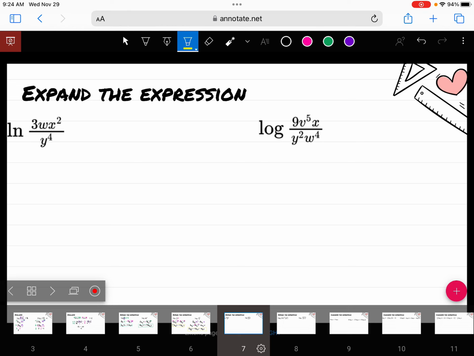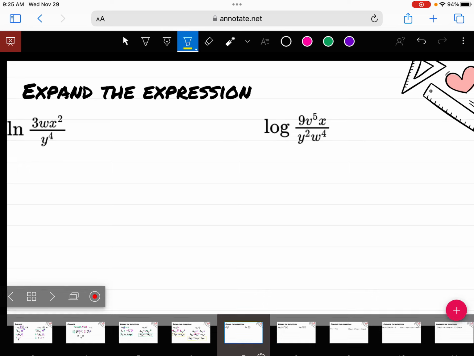All right, this time we've got a natural log of 3wx squared over y to the 4th. And again, we're going to start with our division, starting with our quotient property.